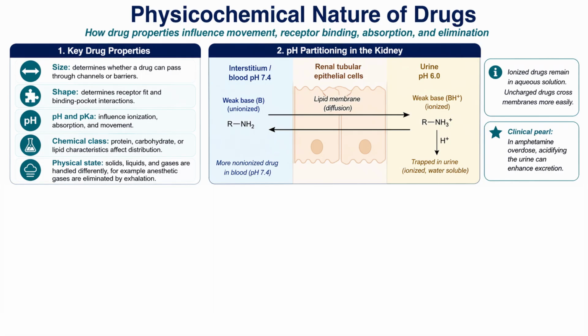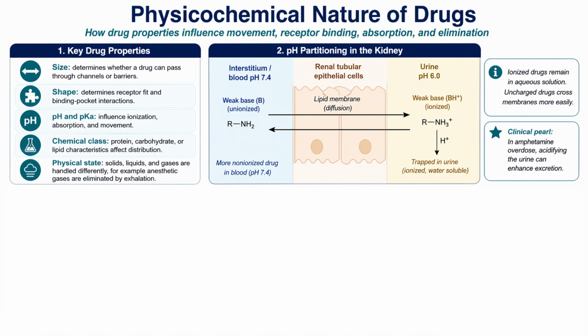Let's say in this example, it's a pH of 6.0. Between them are the renal tubular epithelial cells and their lipid membranes. The key principle here is that uncharged drugs can cross these lipid membranes more easily. Ionized drugs tend to stay in the water-based compartments.